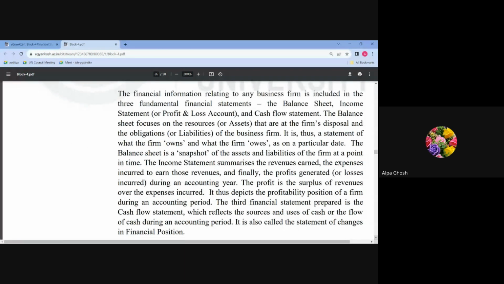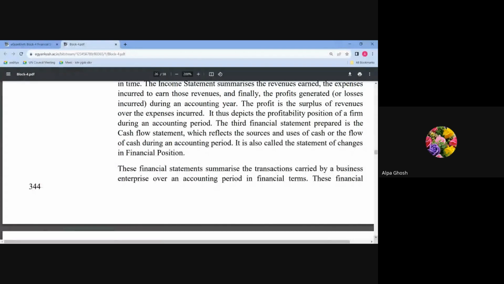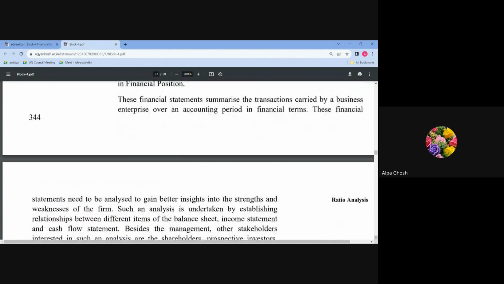We are going to take into account the position of all the assets, liabilities, income, expenditures, cash at a particular time. This all will be taken from, of course, the accounting records or the financial statements.